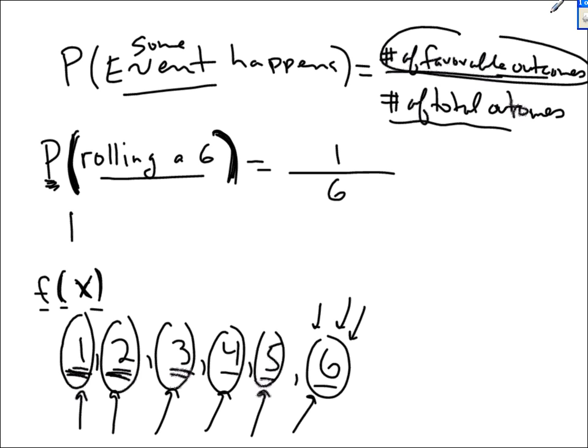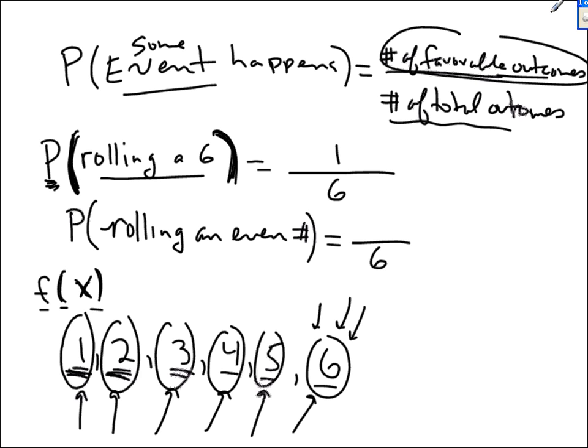Now, if I ask a different question, what's the probability of rolling an even number? Well, there are still 6 outcomes. I meant to put that in the denominator. There are 6 total equally likely outcomes. How many of them are even?